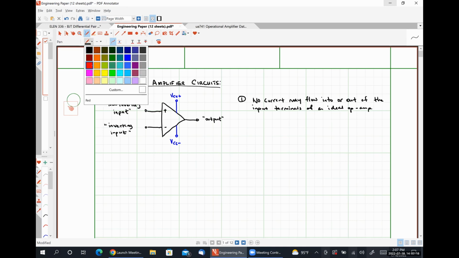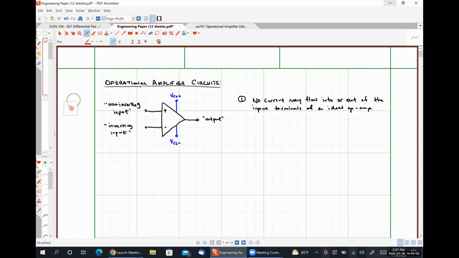And so what that means is that this current, which I'm going to label I superscript plus, has to be 0 amps always. And similarly, this current, which I'm going to label I superscript minus, must also be 0 amps.